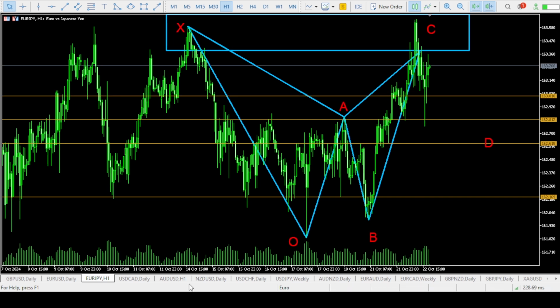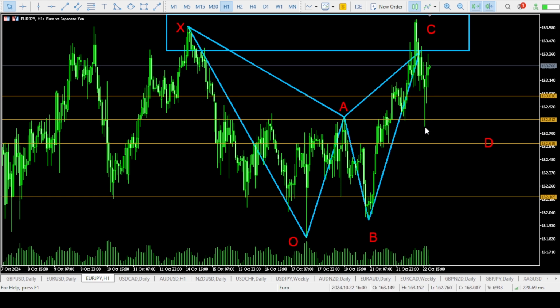Hello, I'm back. You can see the trade has run its course. TP1 was hit. The bar that hit TP1 also hit TP2.